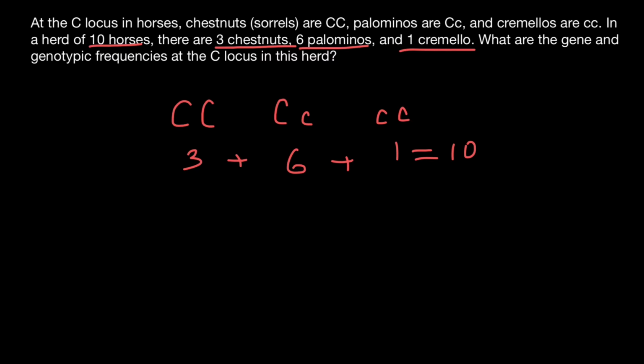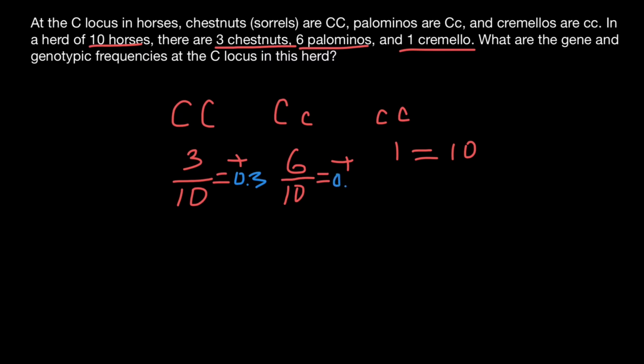So what is the frequency of the homozygous dominant genotype? We divide this number by the total number of animals, and the answer is 0.3. The frequency of the heterozygous genotype would be 6 divided by the total number of animals, 0.6.